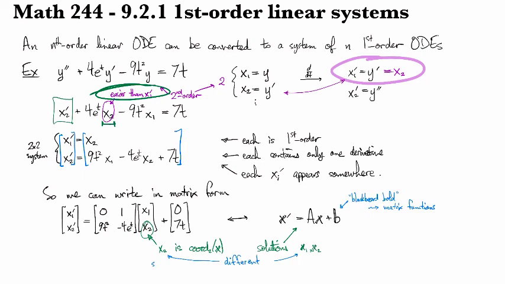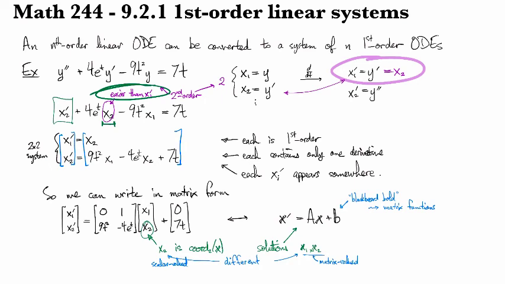So in particular, these ones are scalar valued, and these ones over here are matrices. They're vector valued or matrix valued. Okay, so just a little note on terminology.